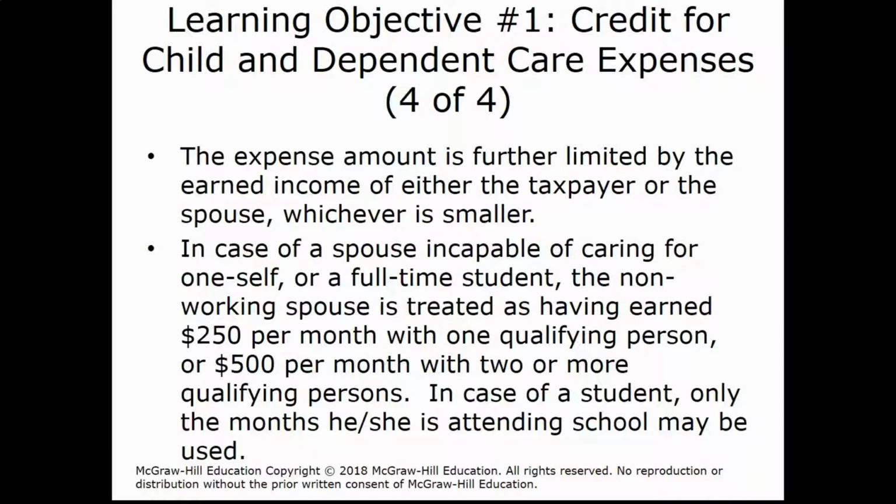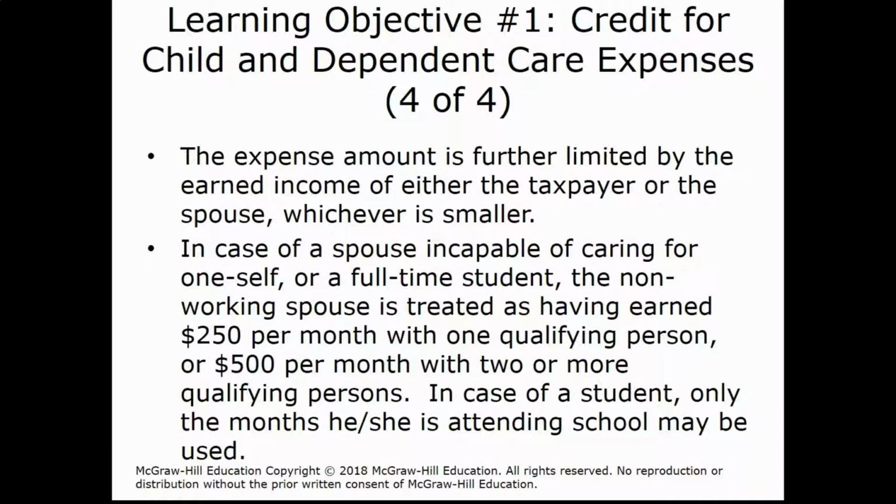Then there is another limitation, which we'll talk about, regarding whether or not there is someone else available to take care of the kids, for example, another spouse. If we have a spouse who is incapable of caring for oneself, or a full-time student, this non-working spouse is treated as having earned $250 per month, because the assumption is they'd be getting some type of benefit, Social Security benefit, very likely.